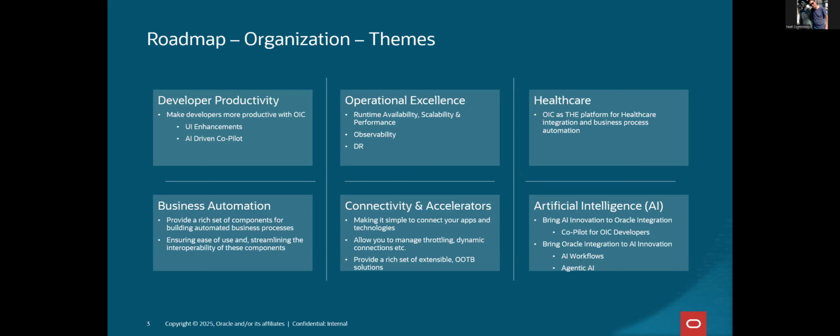Healthcare. Now, this mightn't be that interesting for everybody, but we are the platform for healthcare integration and business process automation. Business automation. Providing a rich set of components for building automated business processes. So this just goes back to the previous slide where we're saying OIC, not just integration, there's processing there for human-centric workflows. We've also got our decisions, our business rules.